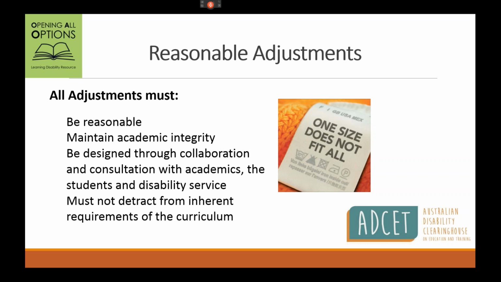Some students have reported to me that they don't feel entitled to adjustments, so it's important to work through with the student to say these adjustments are in place to create a level playing field for you, because in their past education experiences they've either been denied adjustments or been told, look, it's not fair on the others, not realising, hey, this is actually a legitimate disability, the others don't need it.